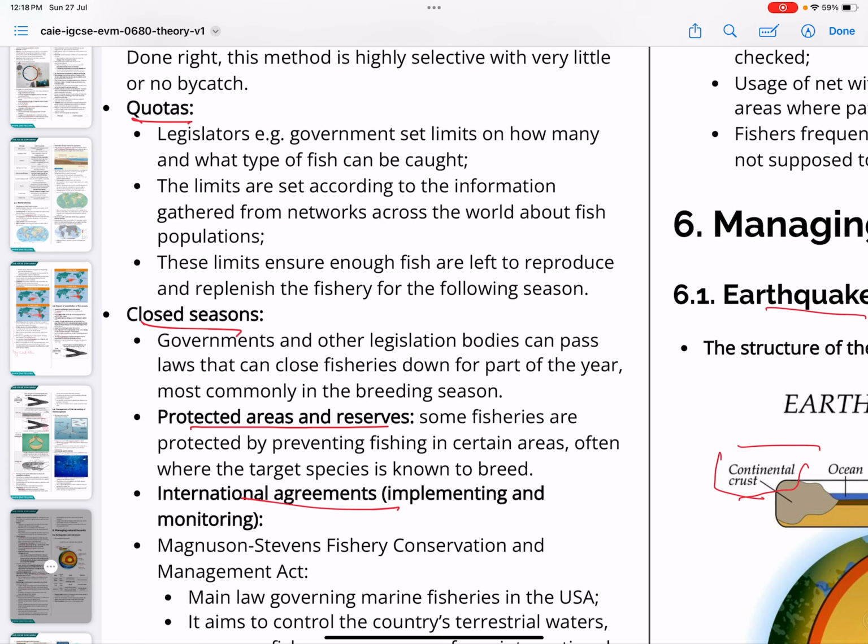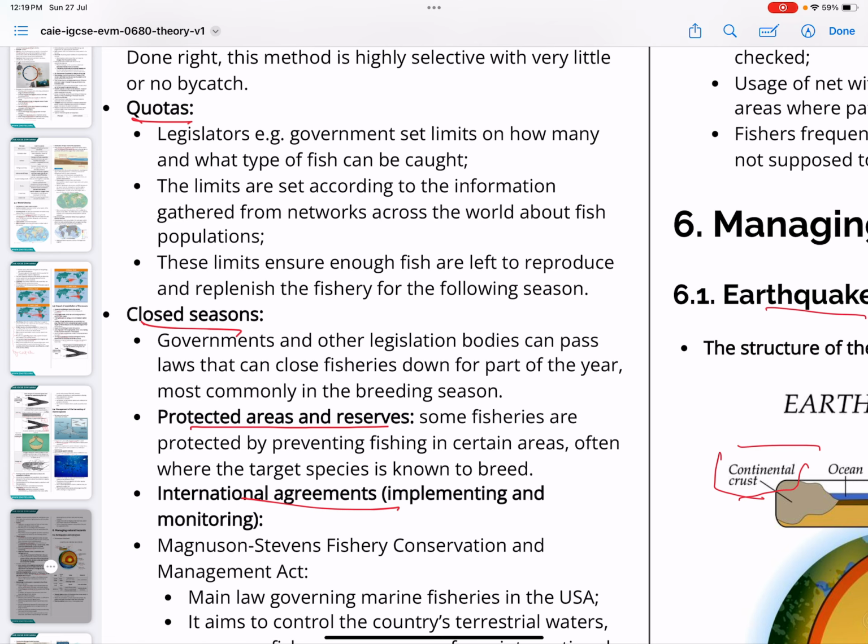The government has fixed the quantity that can be caught, and no other quantity can be picked up except for that. This is another way that the fishermen can be controlled from overfishing.